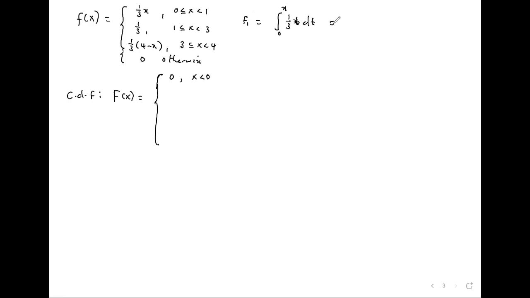So the integral here is going to be t squared over 3, running from 0 to x. Where there's t, we take x, so it will be x squared over 3.